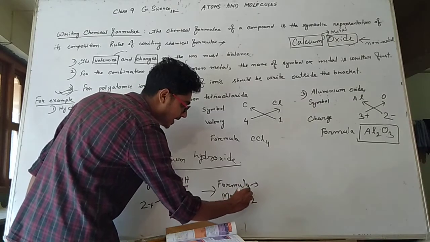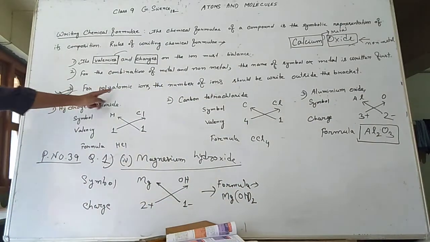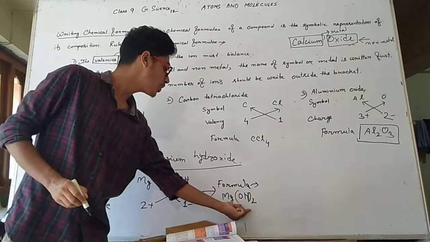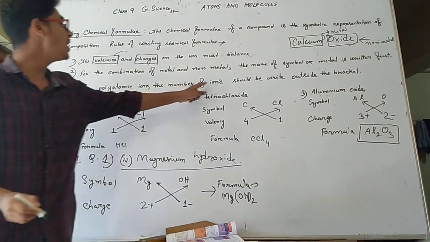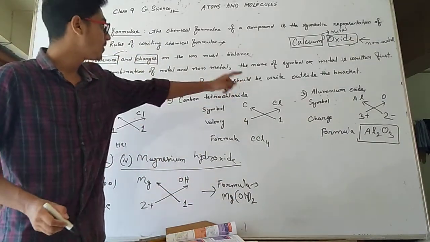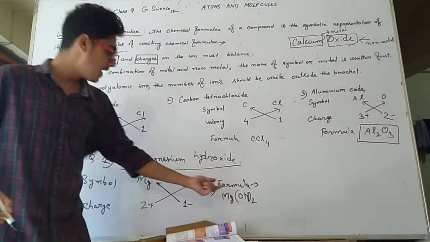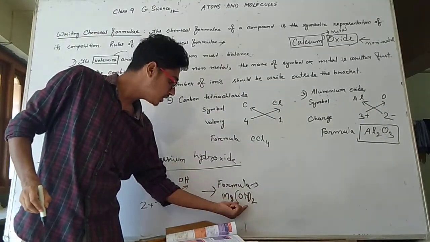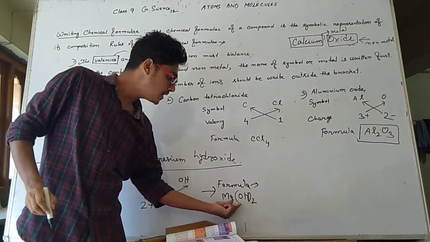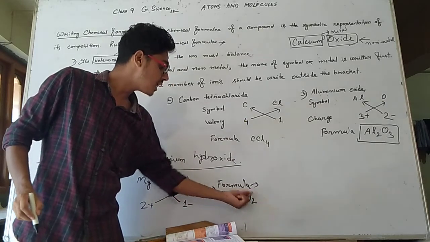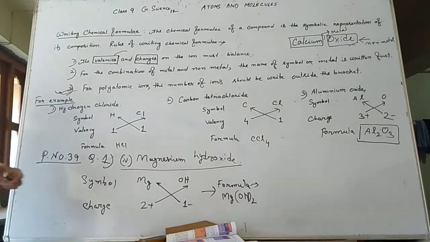Which rule applies here? Rule number 3. For polyatomic ions, the number of ions should be written right outside the bracket. OH is a polyatomic ion, so we write the number of ions outside the bracket. So like this, we can write the formula for different compounds.